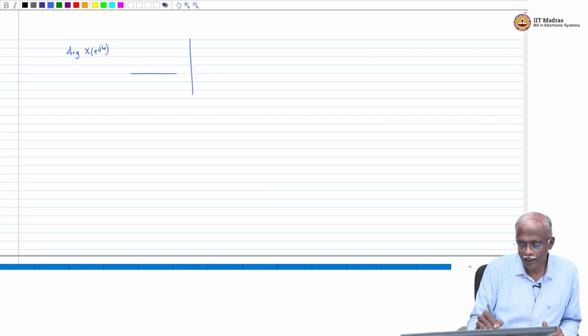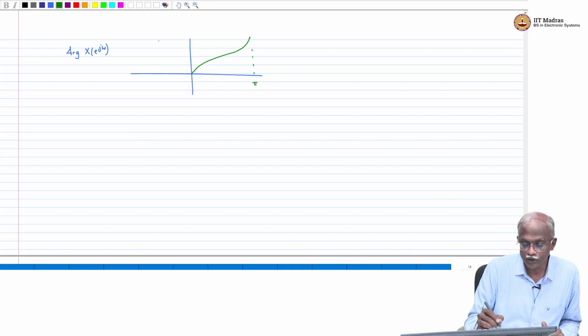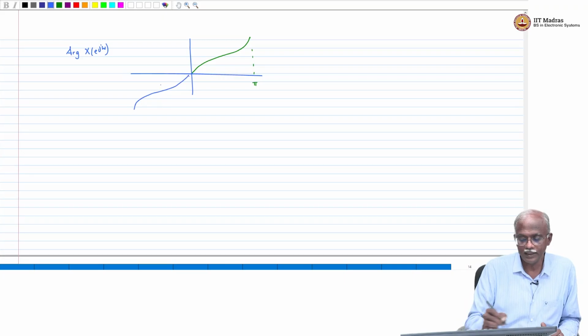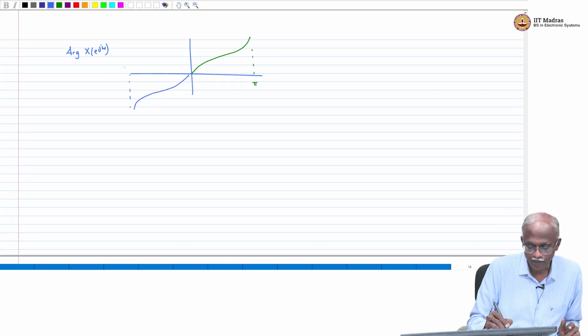So if I am plotting the argument of X(e^{jω}), say the phase looks like this between 0 and π, and this is the argument. I don't need to do the negative side because I can get the negative side as the negative of that. So this will be at minus π.